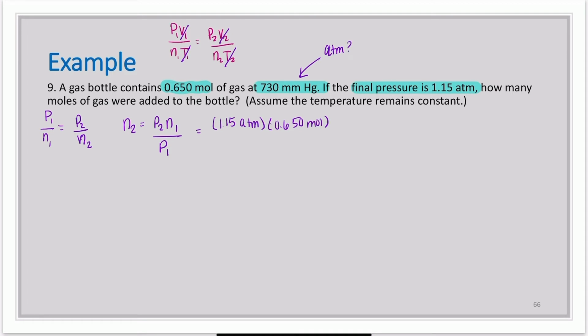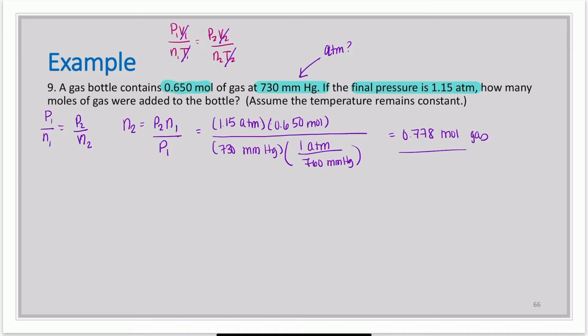I can either convert this now or I can convert it in the question. I converted it in the question. So 730 millimeters of mercury times 1 atmosphere per 760 millimeters of mercury, gives 0.778 moles of whatever gas I have.